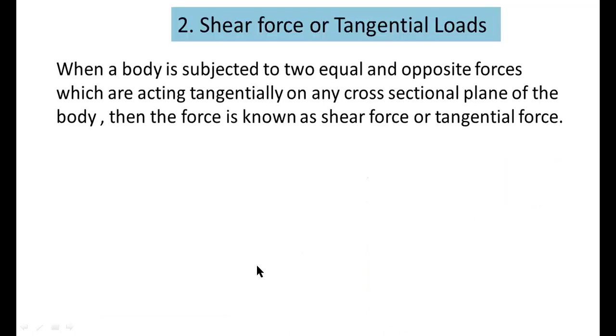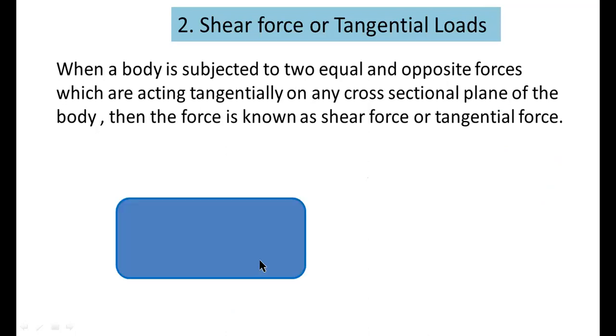The second type of load is shear force or tangential force. When a body is subjected to two equal and opposite forces which are acting tangentially on any cross-sectional plane of the body, the force is known as shear force or tangential force. Here you can observe the axis of the shaft. Tensile and compressive loads are both acting along the axis of the shaft, but shear forces or tangential loads are acting on the surface of the body.